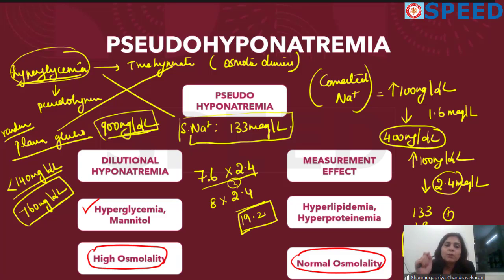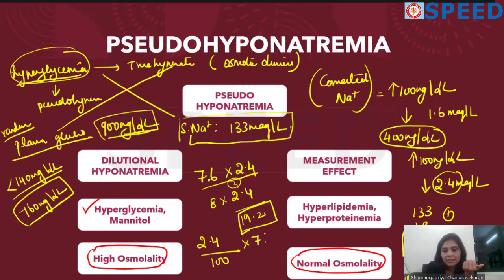Suppose a person's plasma glucose happens to be 900 milligram per deciliter. If it's random plasma glucose, normal value is 140. So from 140, how much has it raised? It has raised by 760 milligram per deciliter. For every 100 milligram I said the change is going to be 2.4 milliequivalents per liter.